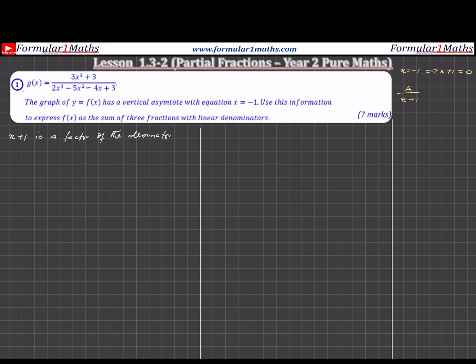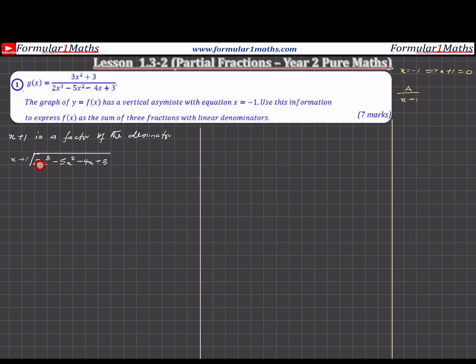So I have 2x cubed minus 5x squared minus 4x plus 3 divided by x plus 1.